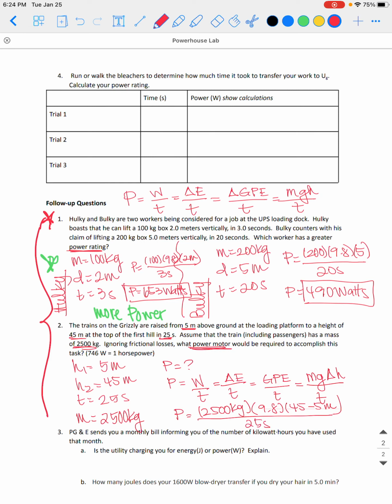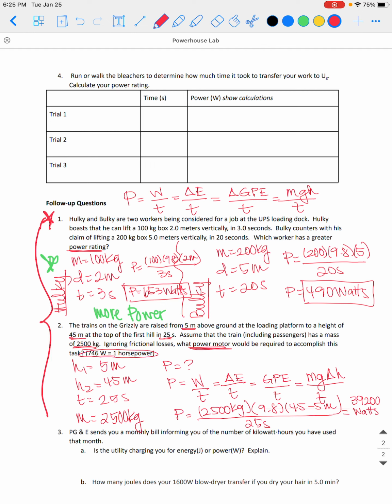Plug all that into your calculator and you get 39,200 watts. The problem is they actually want us to calculate this in horsepower. And 746 watts equals 1 horsepower.